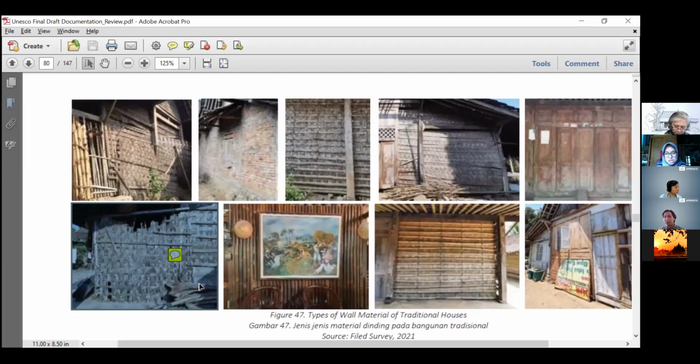It is important to get their view about the traditional building, why they want to retain this traditional character. Maybe some communities don't want to keep it, and maybe there are some concerns, for instance that the material is too expensive.